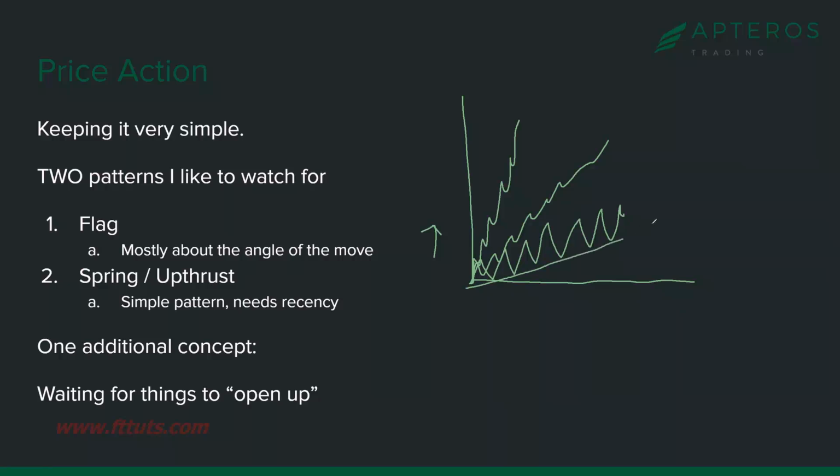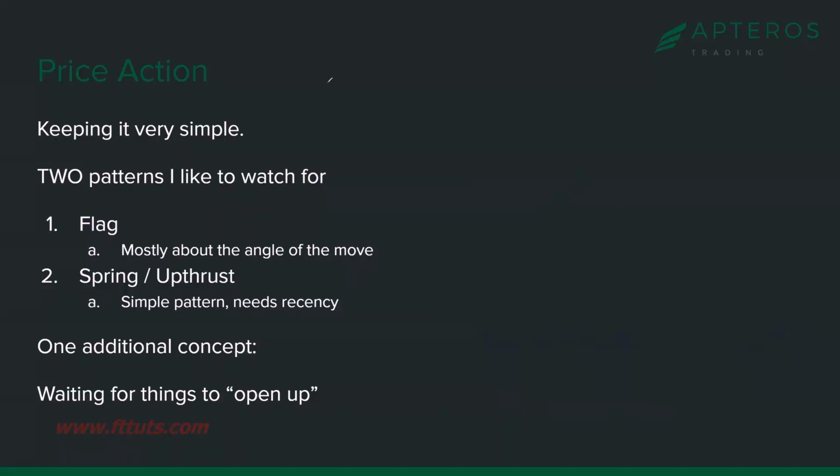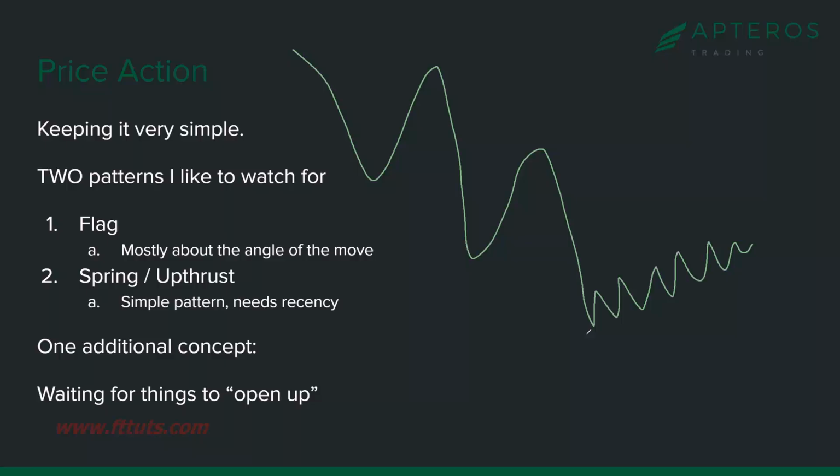So this one is really nice. They can't get totally flat. That's just a consolidation. That's no longer a flag. It has to have a little bit of an angle to it. And really, it's a relativity thing too, not just go measure your angles, guys. Just look at the movement, and then all of a sudden, it will stand out like a sore thumb compared to what you've been seeing.